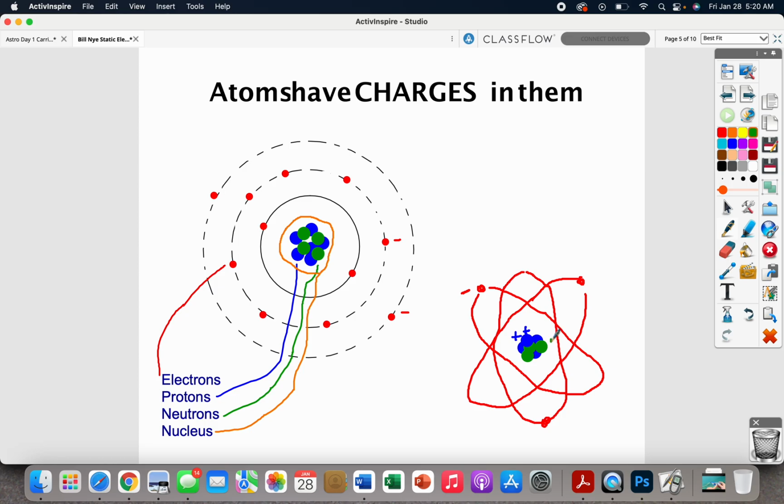The neutrons and protons are heavy and the electrons weigh very little. Electrons are easily moved around, mainly because they're on the outside and they're held on much more weakly than the protons and neutrons are.